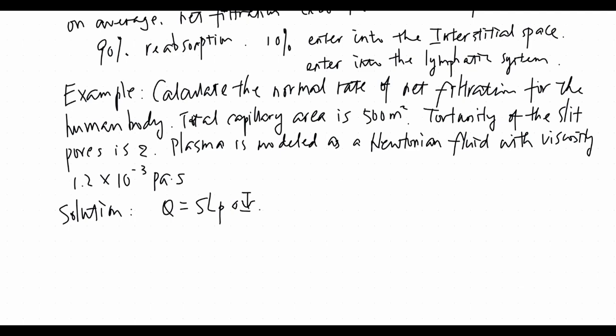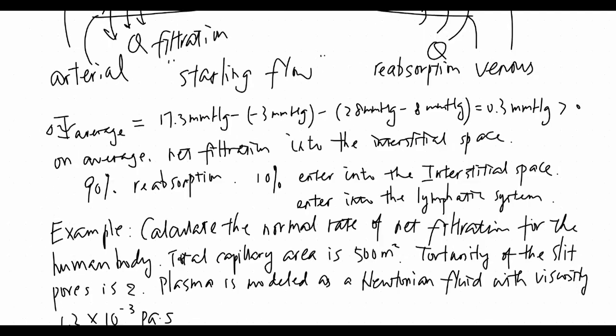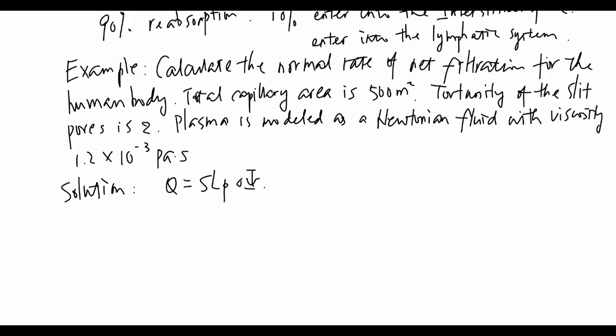Let's figure out what delta P, or delta psi, is. Previously we calculated that on average delta psi is 0.3 millimeter mercury.